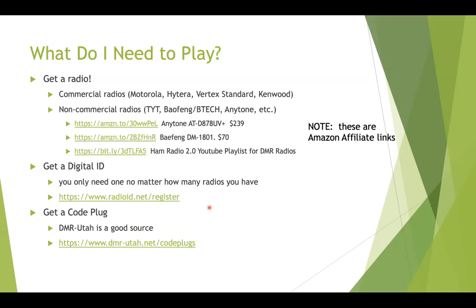And then you can put in the appropriate frequencies for the DMR repeaters around Utah. DMR Utah has a nice site where they talk about the repeaters that are using DMR here in Utah, what the talk groups are, and all of that information. So you can definitely take advantage of that.